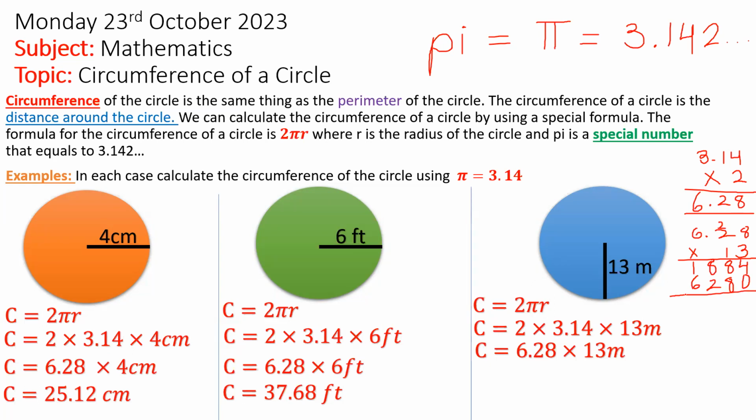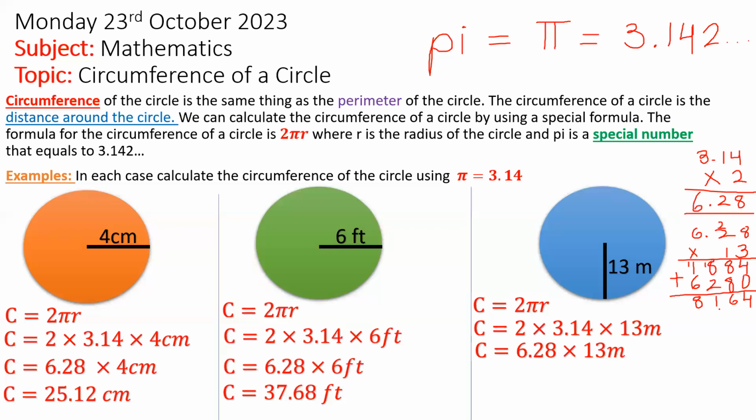Now we add them up. 4 plus 0 is 4. 8 plus 8 is 16. 8 plus 2 is 10, plus 1 is 11. And then 6 plus 2 is 8. So we have 8,164, right?